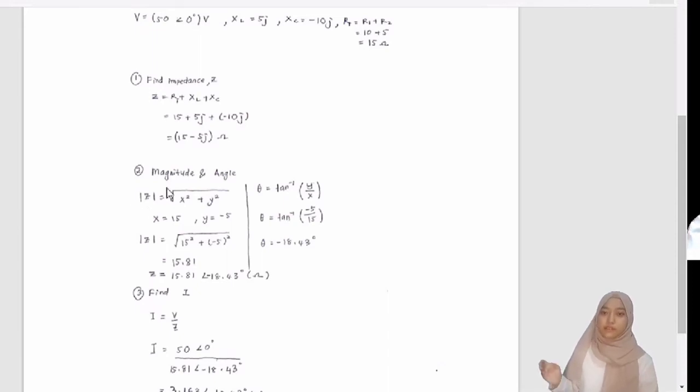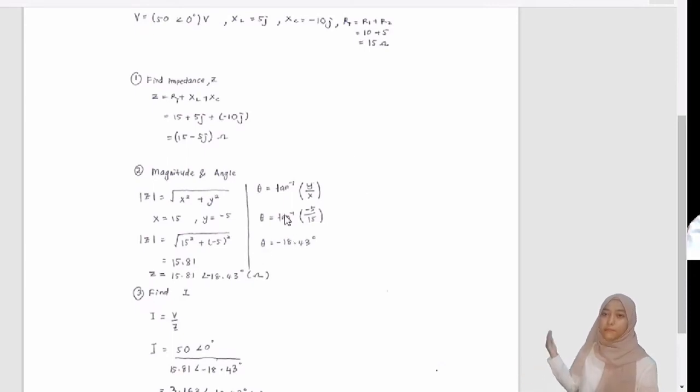To find the magnitude, we can use the formula Z is equal to square root of x squared plus y squared. For x, it is 15 from this answer, and for y, we know it is negative 5. Then we just enter the value. Z is equal to square root of 15 squared plus negative 5 squared. Then we get the answer 15.81.